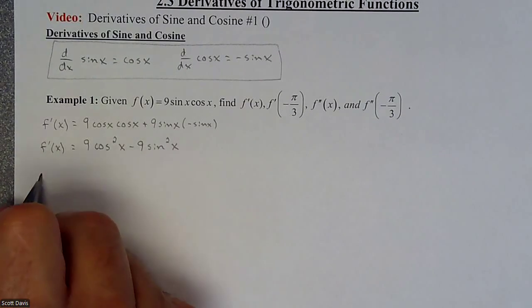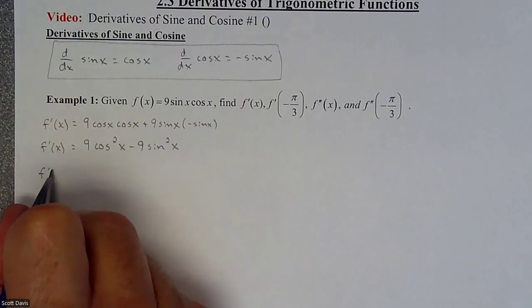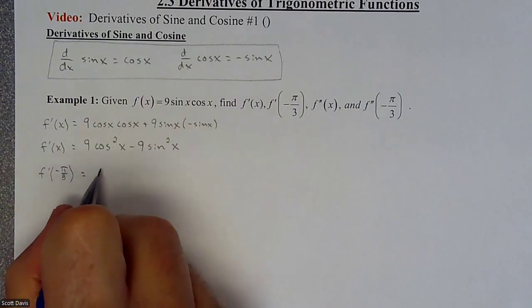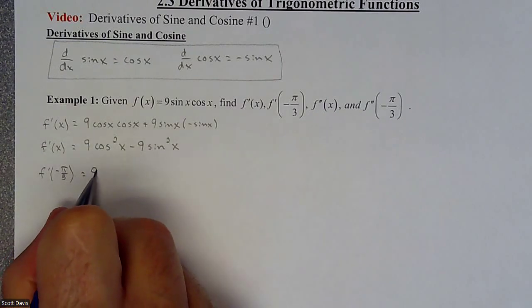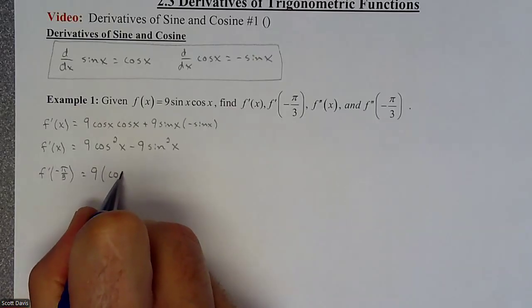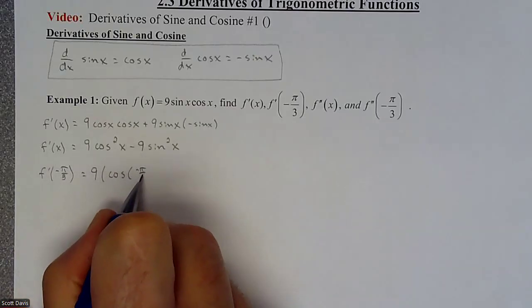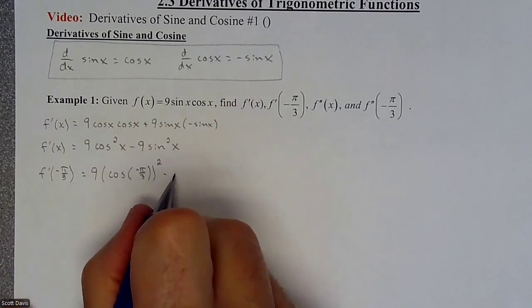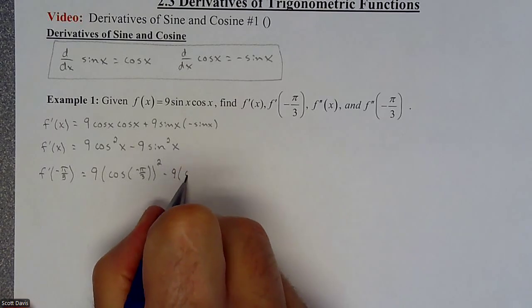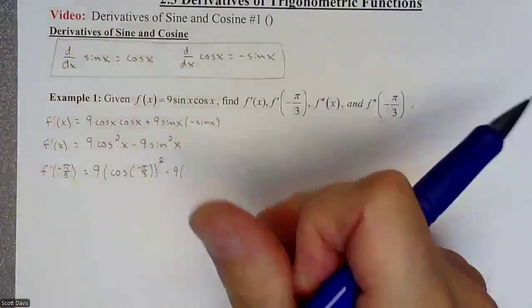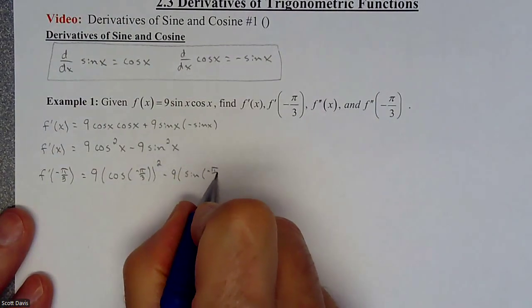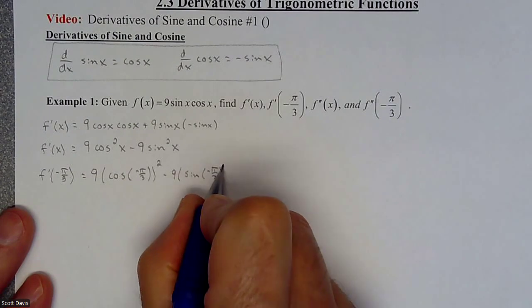So we're just going to go to the next phase and plug in: what's the slope at negative pi over 3? We're doing 9 times cosine of negative pi over 3, squared, minus 9 times sine of negative pi over 3 squared.